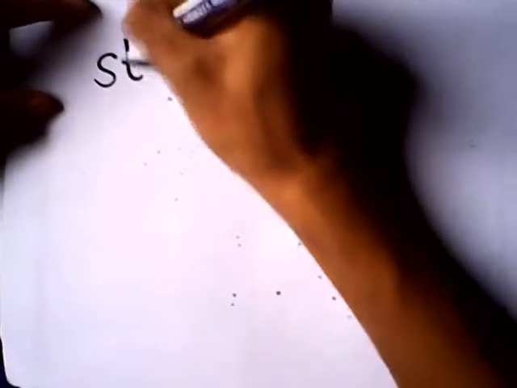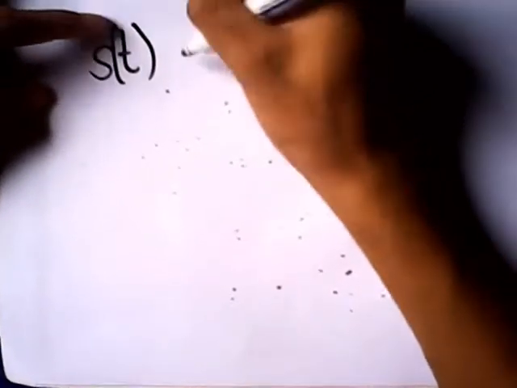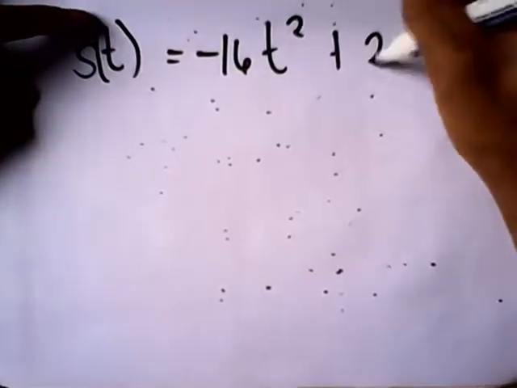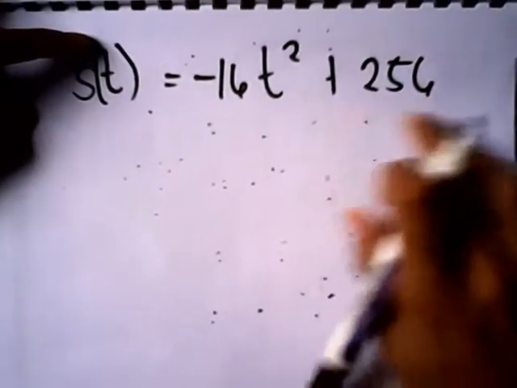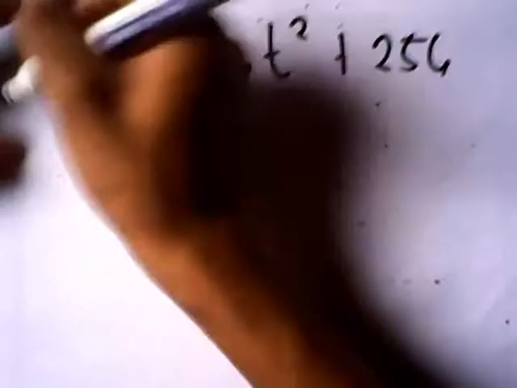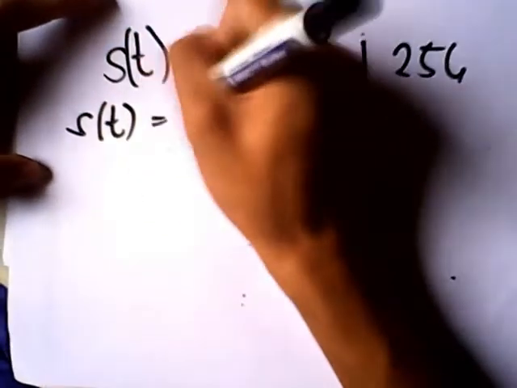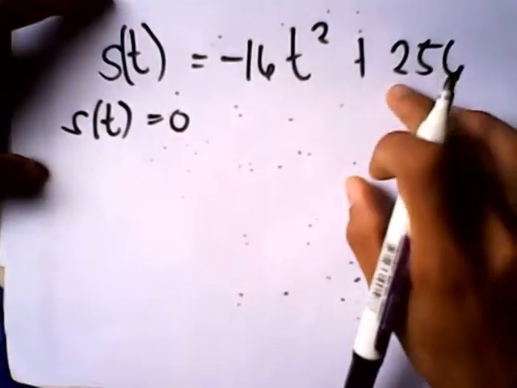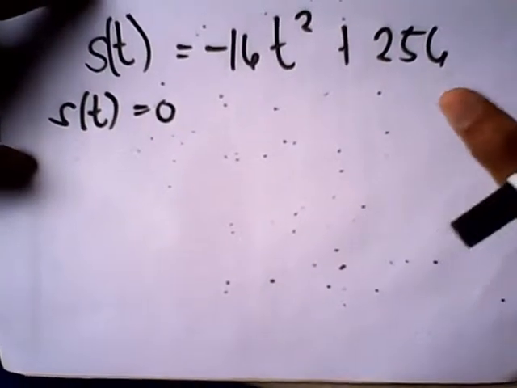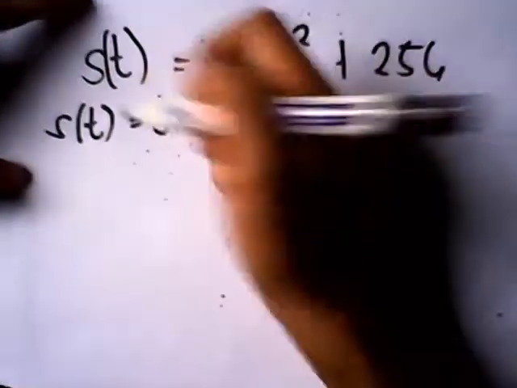So our function now will become s of t is equal to negative 16t squared plus 256, because this is the height of our building. Then let s of t be equal to 0 in order for us to get the time when the stone reaches the ground.